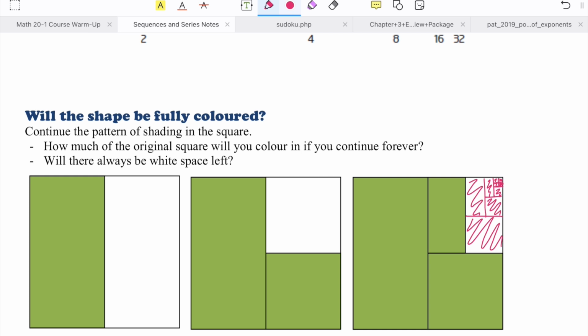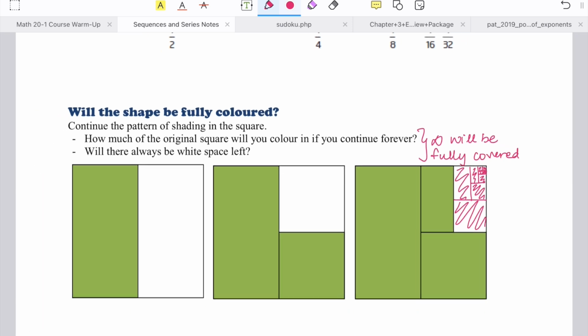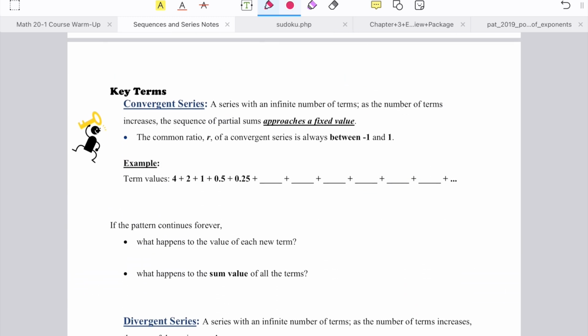So it'll take infinite time for it to be covered. But the area would be 1, right? Because the whole thing will be covered, but in infinite time.